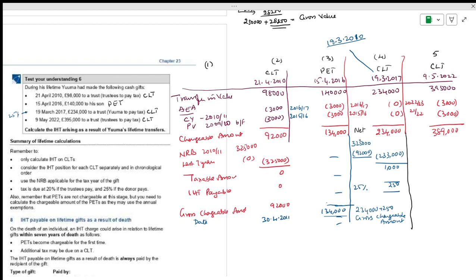Okay. Now, next. Nil rate band is how much? 325. Gross chargeable amount, how much have we taken?